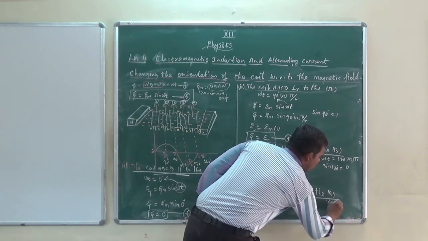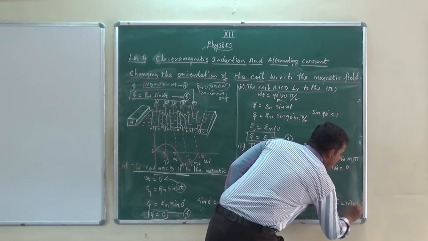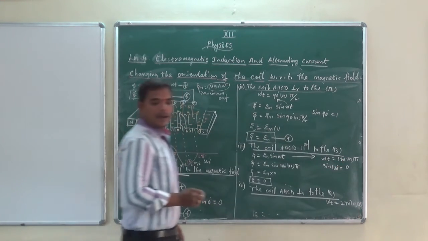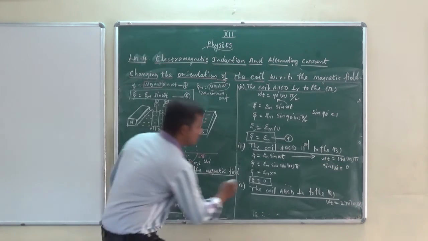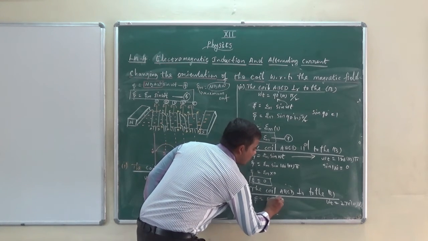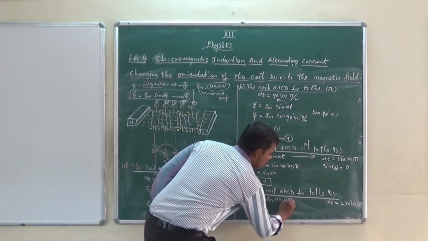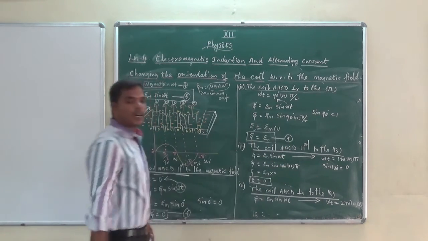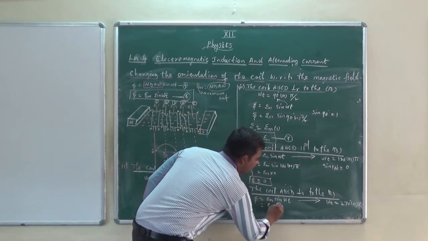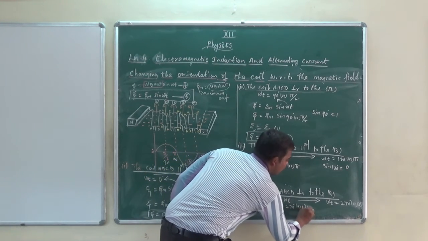The deflected angle omega t equals 270 degrees or 3 pi by 2. So substitute into the maximum induced EMF times sin omega t, sin 270 degrees or 3 pi by 2.